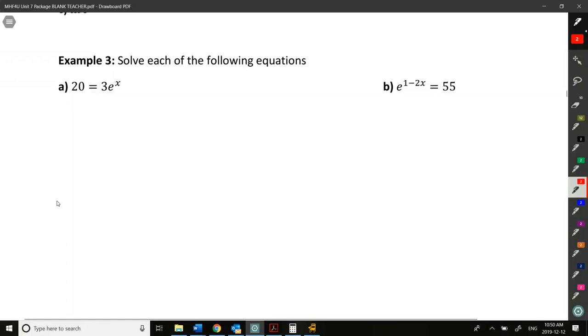Okay, so in order to solve for some base to an exponent, remember e is a number, so the only unknown in this question is x. So we want to solve for x here. I need to get the base and the exponent isolated on one side. So we always start by getting the base and the exponent alone. That means I have 20 over 3 equals e to the x.